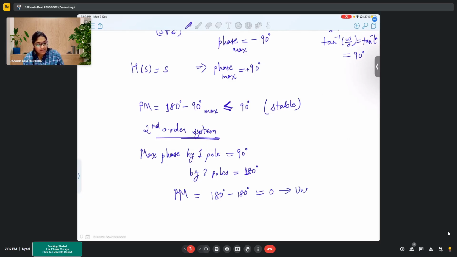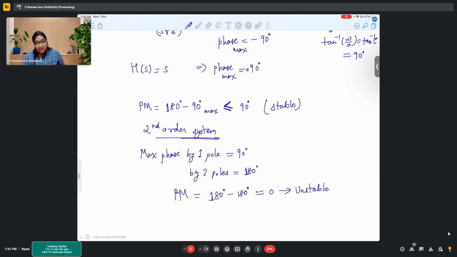Which brings us to an unstable system, correct? So that's why there is a possibility that your two pole system might be stable or might not be stable, depending on how the phases appear in the system.